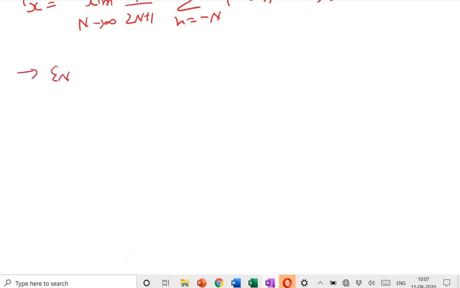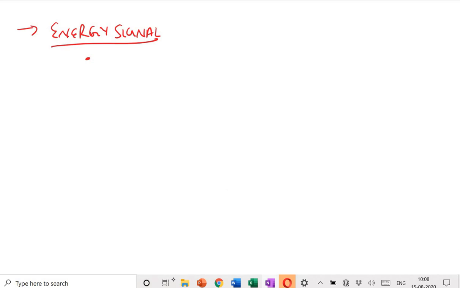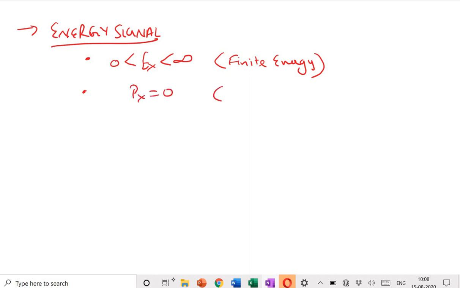For an energy signal, the energy of the signal should be finite, that is Ex should lie between 0 and infinity, and the power should be equal to 0.